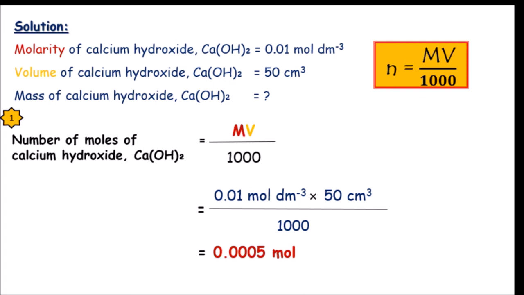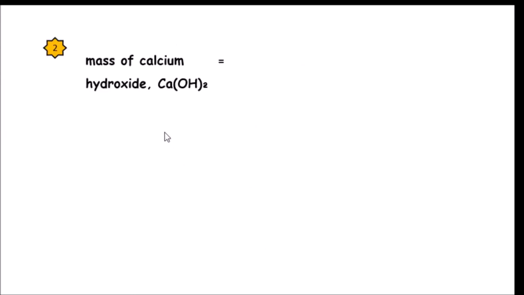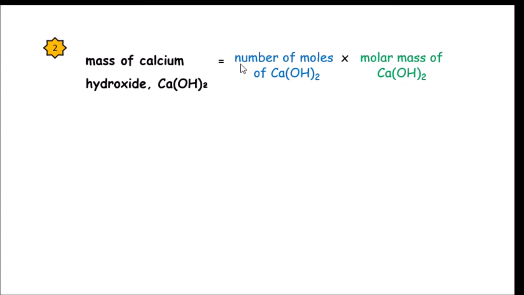So next, we need to find the mass of calcium hydroxide. You already found that the number of mole of the calcium hydroxide is equal to 0.0005 mole. So, second step. Always remember mass is equal to number of mole times molar mass.